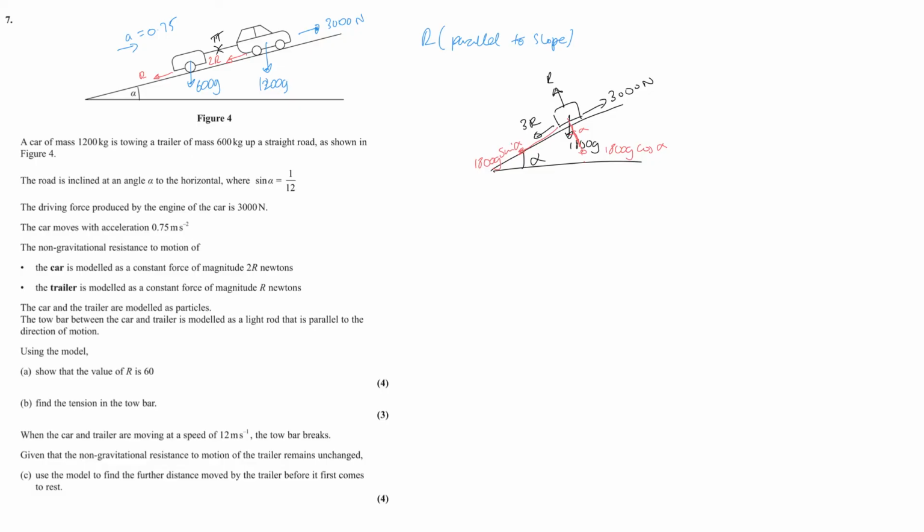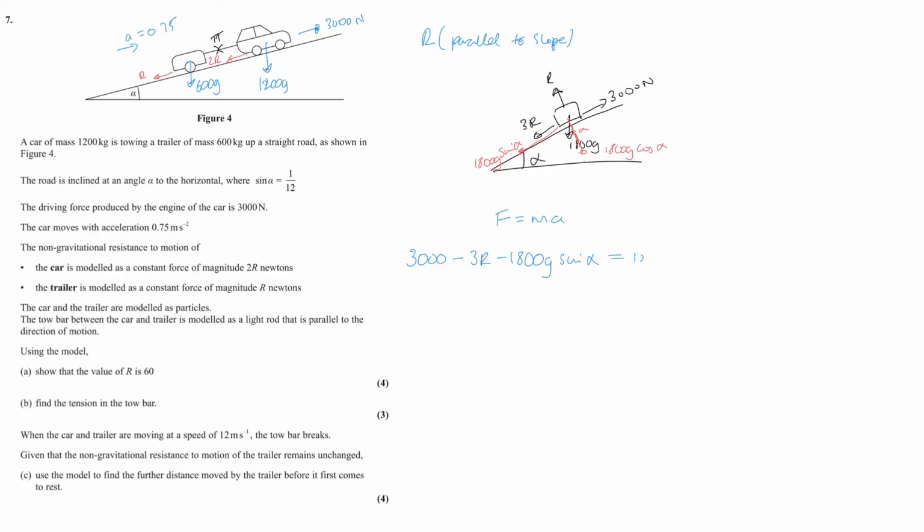Now, I mustn't forget that it has an acceleration of a. So we're going parallel to the slope, but we're looking at F equals ma. So the force is the overall resulting one going up the slope. So that's 3000 minus 3r minus 1800 G sine alpha.